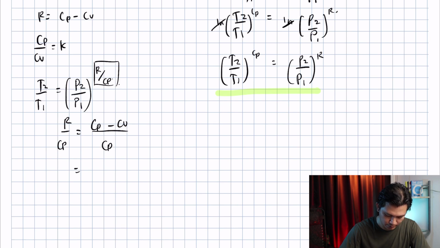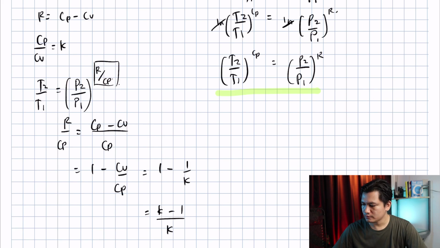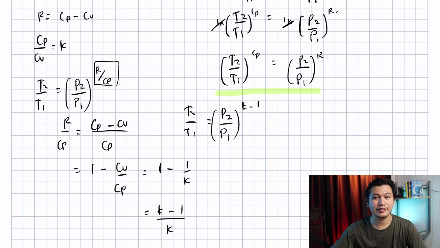So this is 1 minus Cv over Cp, which is 1 minus 1 over K, or K minus 1 over K. So there you go. The relationship between T2 and T1 is P2 over P1 to the power of K minus 1 over K.